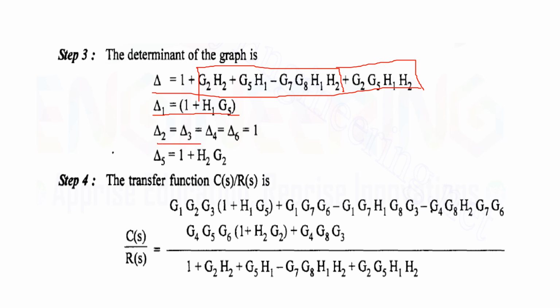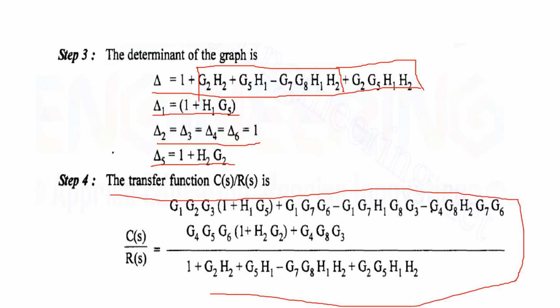Delta 2, delta 3, delta 4, delta 6 touch all the loops, so they are taken as 1. Delta 5, that is the fifth forward path, does not touch the loop G2H2, so delta 5 is taken as 1 plus G2H2. So replacing all these values, we are able to get the transfer function which is given like this. So please note down the transfer function. This question is usually asked for 8 to 10 marks.